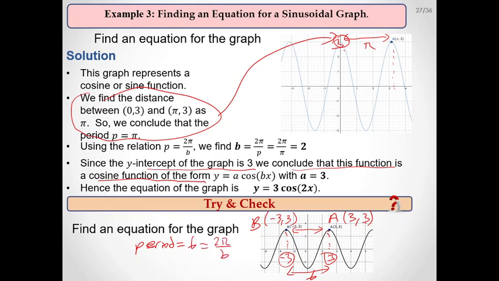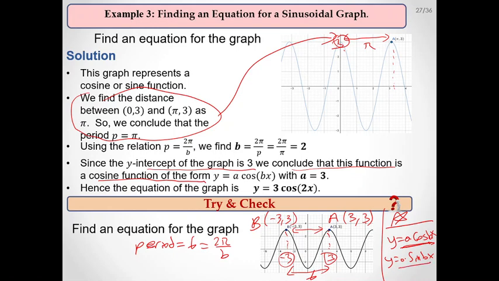2 pi over b. In this type of questions, we definitely know that it will be something like a cosine bx or a sine bx. We are doing all these methods assuming our function is a cosine bx or a sine bx.